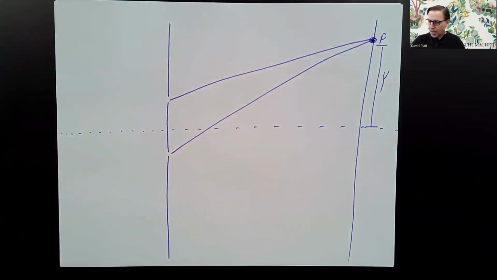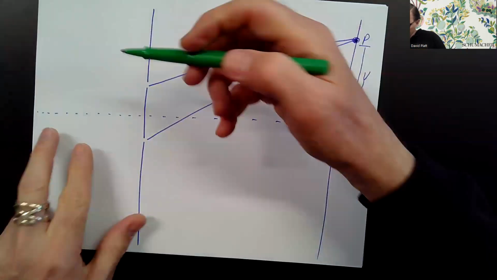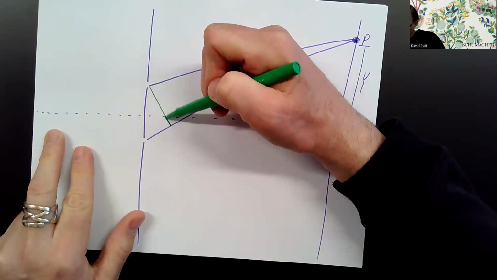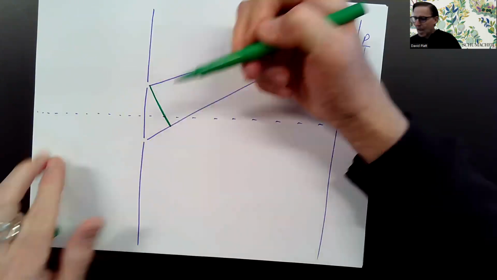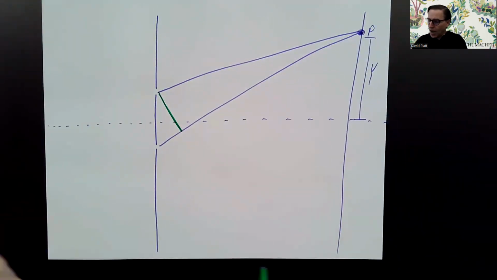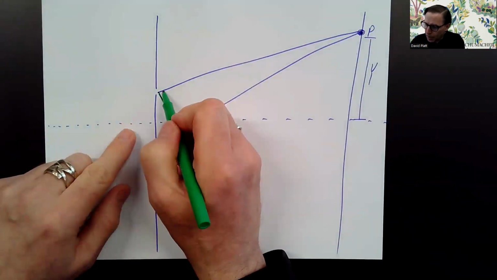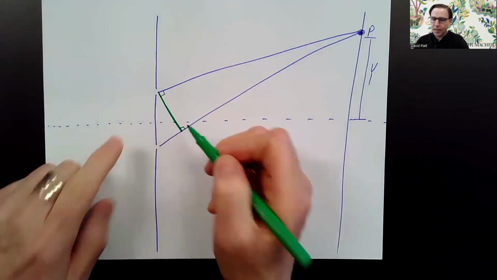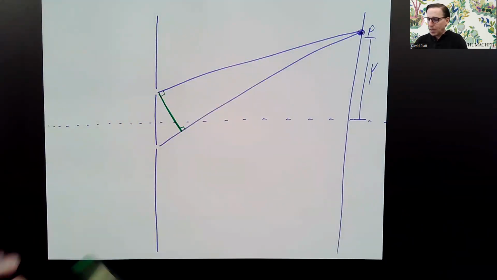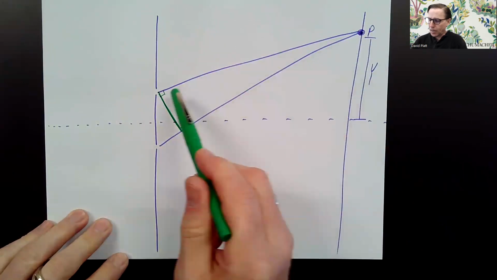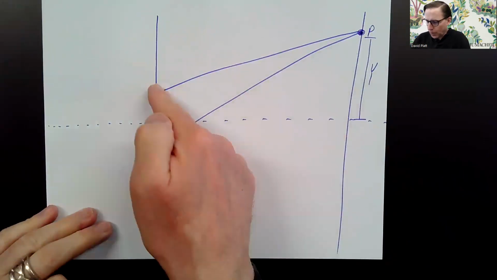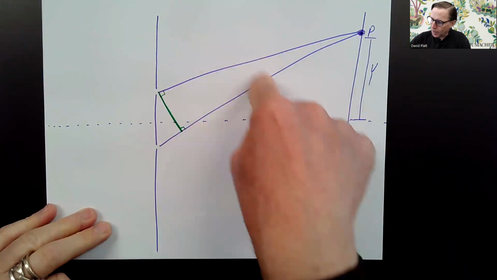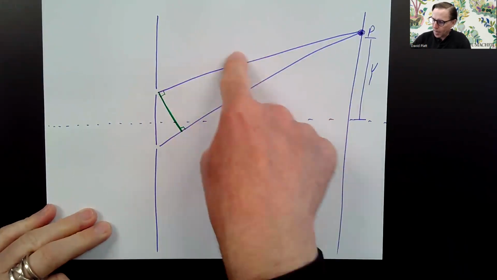And what I can do is I can draw this line segment. And we cheat just a little bit here. I'm going to say that this line segment is perpendicular both to this and to this, which of course is impossible because this is a triangle and a triangle cannot have two right angles. But we're really close. We're making an isosceles triangle, so these two paths are the same.